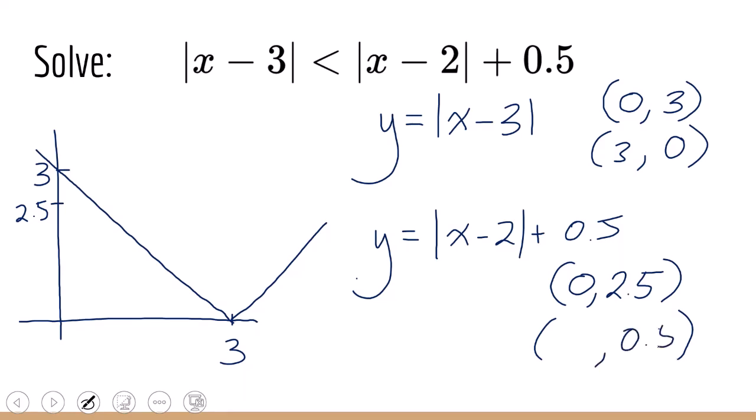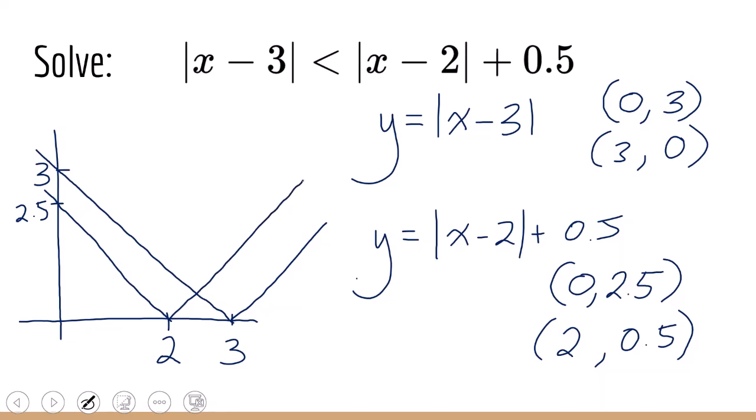So let's find it over here. When y is 0.5, we see that x is equal to 2. Okay, so again, let's graph this one out. I'm going to join these two, and then join that over here.